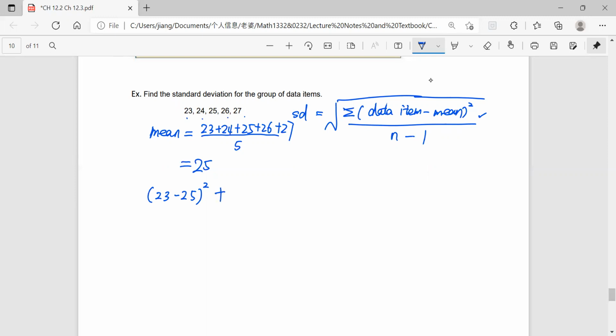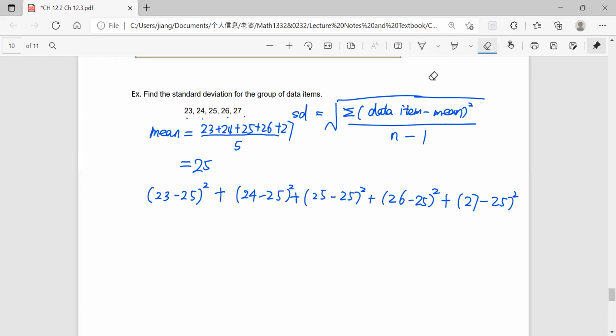And add the second, 24 minus 25 squared, and then add 25 minus 25 squared plus 26 minus 25 squared plus 27 minus 25 squared. So this is the top part in the square root.